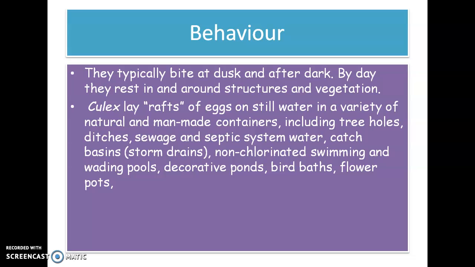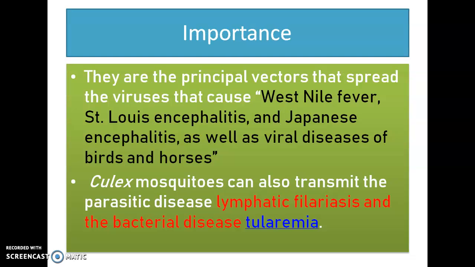It lays them in a variety of natural as well as man-made containers, including tree holes, ditches, sewage, septic system water, catch basins or storm drains, non-chlorinated swimming and wading pools, decorative ponds, bird baths, flower pots, etc. So this is the main dwelling place of this mosquito. They generally lay eggs in stagnant water, not in flowing water, in this type of containers.